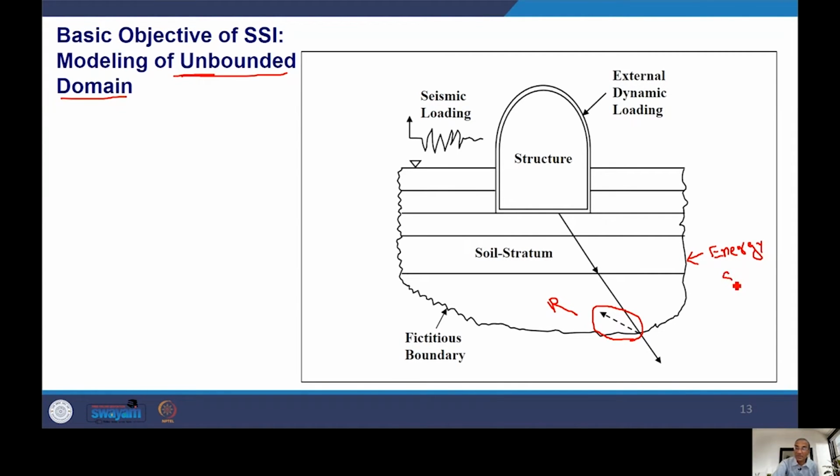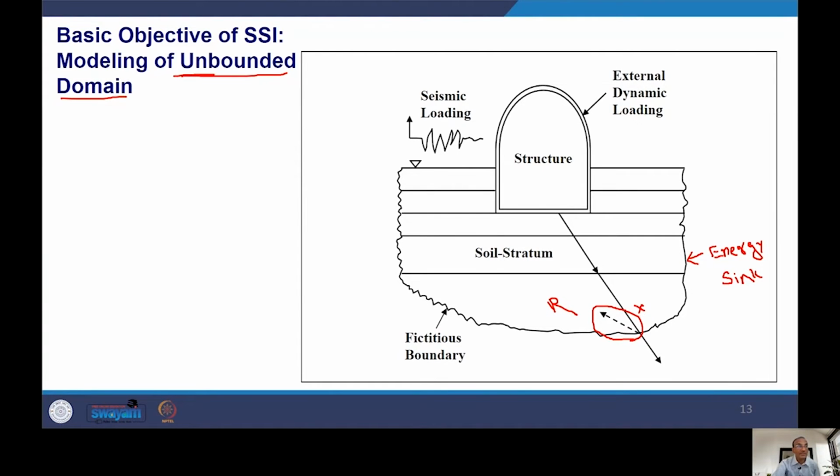That means all the incoming waves which hit this boundary should be absorbed by this boundary and no wave should be reflected back to the structure. If all incoming waves are absorbed by this boundary with no reflection, that satisfies the condition called the radiation condition. So the boundary should be modeled in such a way that it is able to model the unbounded domain, and that should be done by satisfying the radiation condition.